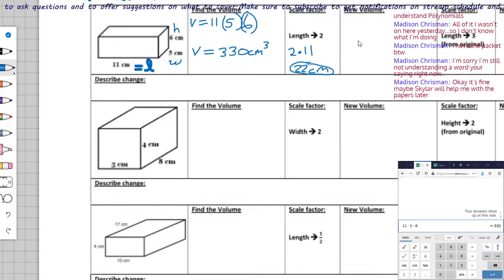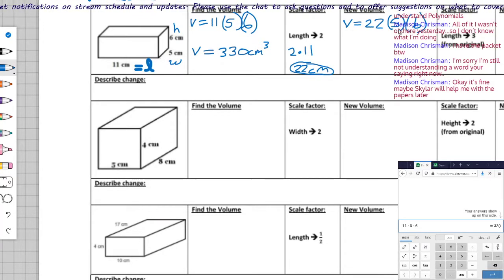And now they want to see what the new volume is going to be if we have this new length. So if we bought a different gift, how much more volume is going to be needed for that box. So again, volume equals length times width times height, except this time we're going to use 22 for the length, 5 for the width, and 6 for the height.